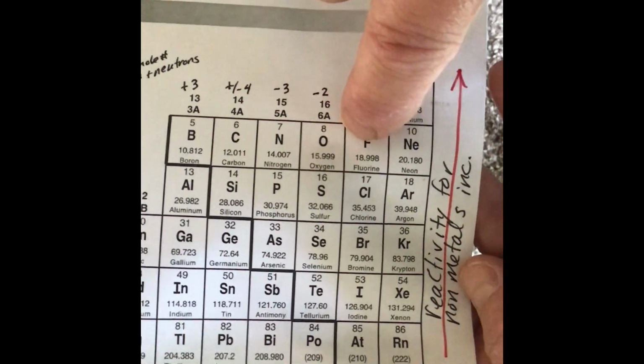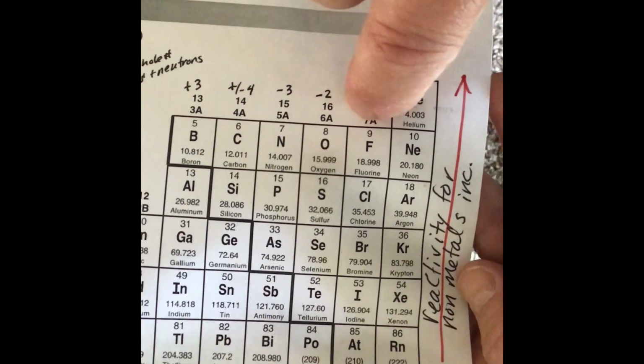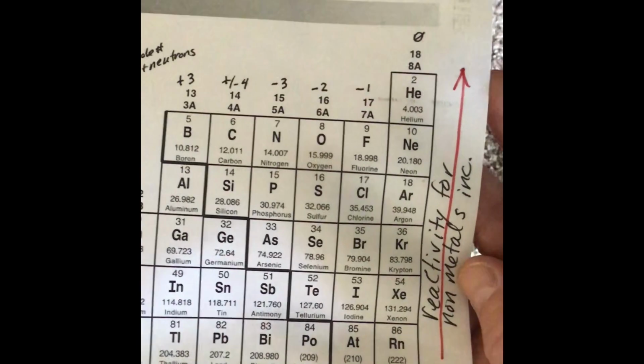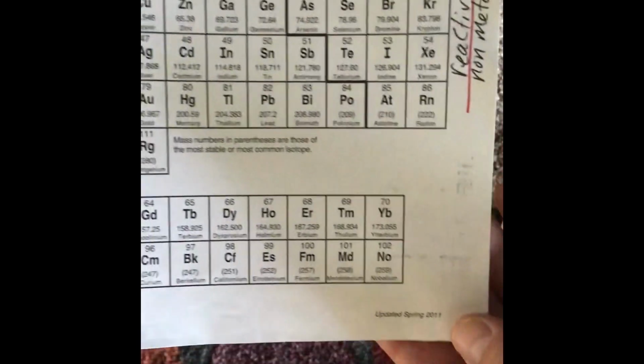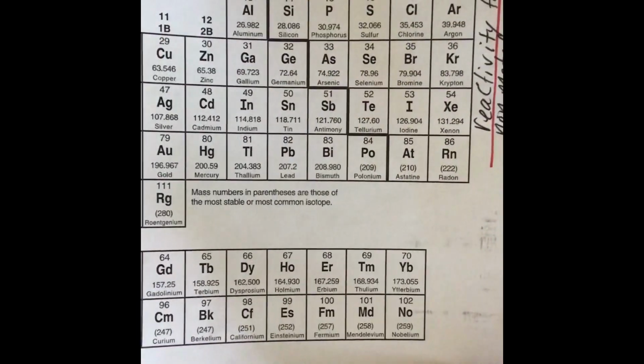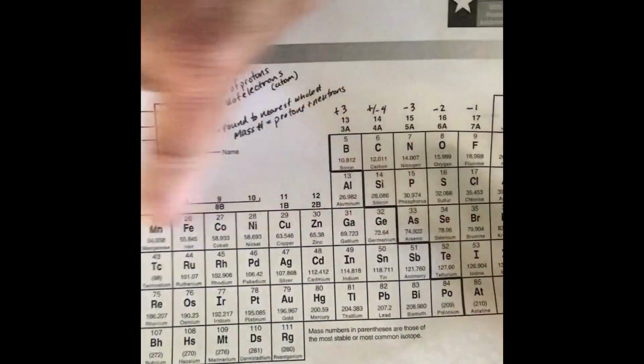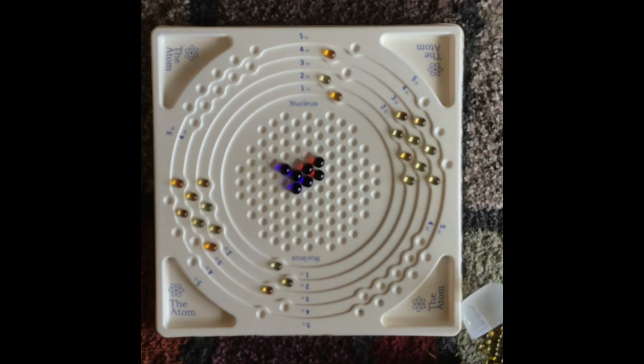So fluorine is going to be more reactive than oxygen. It's easier to gain 1 electron than to gain 2. So we're going to draw an arrow on the bottom here, going this way to the right, showing us the reactivity trend across the period, back and forth, horizontal, for nonmetals.